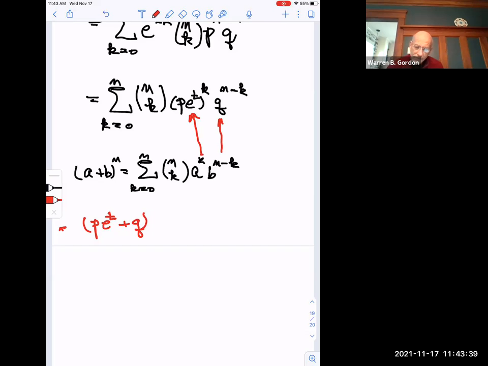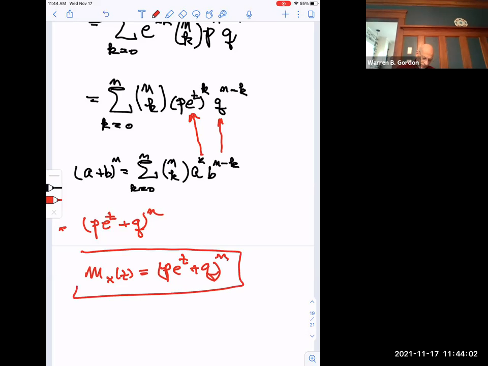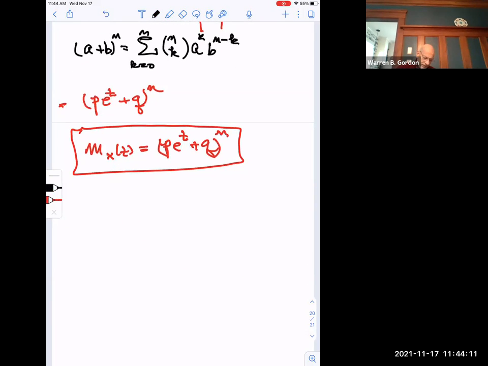So I've just proven that the moment generating function for the binomial distribution is (p e to the t plus q) to the n. I'm going to get this another way for you the next time, by the way. So for example, the derivative of this: bring down the power, decrease the power by 1.